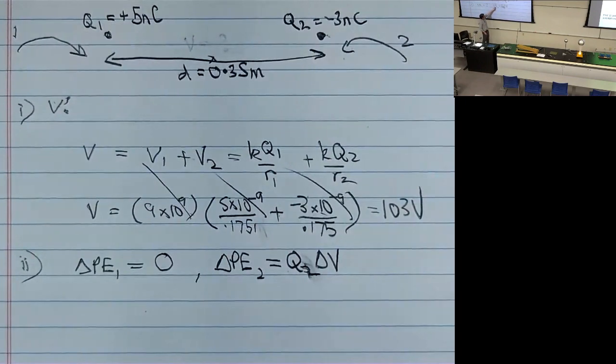The change in potential energy when I bring up charge number 2: what's that change? When I move charge number 2 in a landscape of electrical potential, the change in potential energy is the change in potential that I moved it through times the value of its charge.